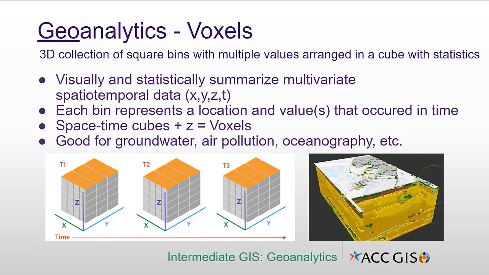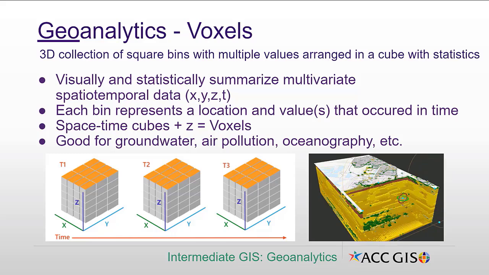So each bin represents a location and value or values that occurred over time. So a voxel is really a space-time cube plus at least one additional variable, and they're really great for very complex continuous data sets that have a lot of variables associated with them, like groundwater, air pollution, oceanography.